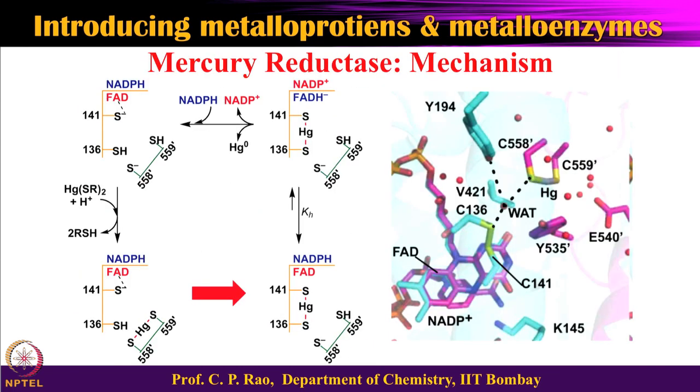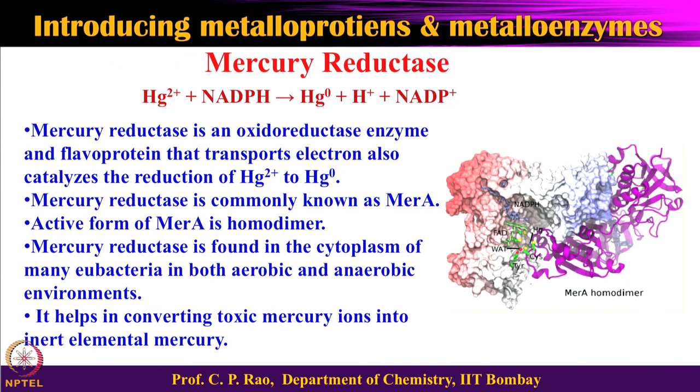So, what have we learned in this particular topic? Mercury reductase is a redox, reductive type of enzyme which will reduce mercury 2+ to mercury 0. Mercury 2+ is more toxic, mercury 0 is less toxic, and this can function on Mer-A. But on the other hand, if the mercury ions are mercury thiolato complexes, or mercury alkyl compounds, which are very commonly found in the environment, mercury alkyl cannot be converted to mercury 0 by Mer-A.